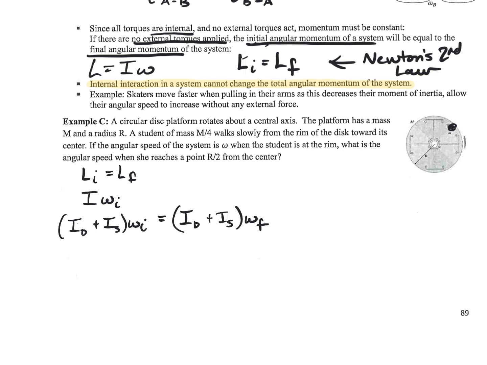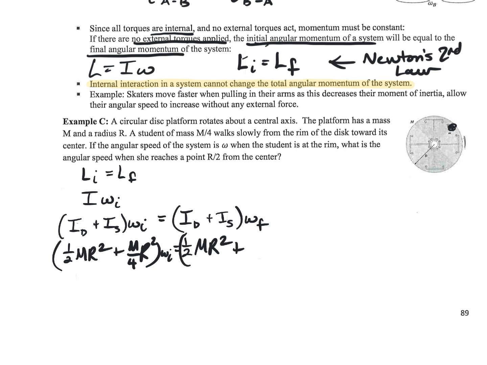So let's figure out what that is. I of the disc is going to be 1/2 m r squared. That is not going to change for either of them. What's going to change is the inertia of the student, because where they're located is going to change. This is going to be m/4 r squared times omega initial.